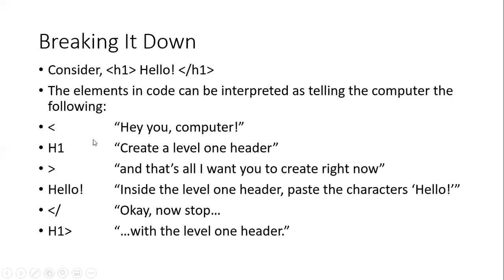The opening tag is saying to the computer, hey, I want to create a level 1 header. That's all I care about right now. Nothing special about the level 1 header, I just want a level 1 header.